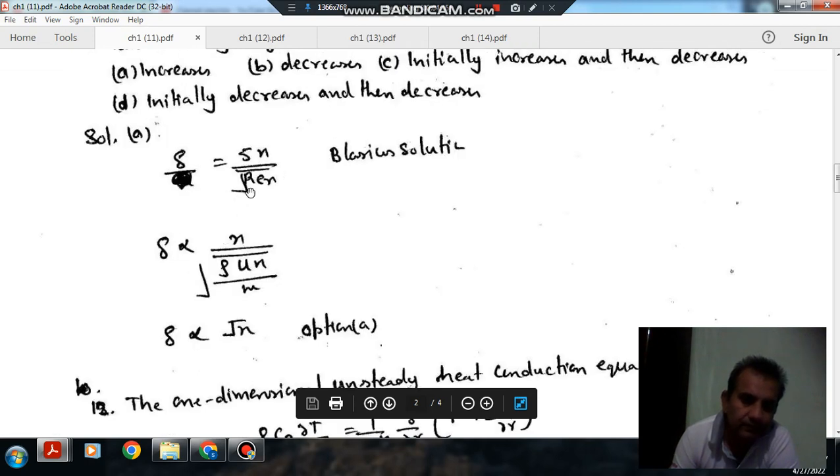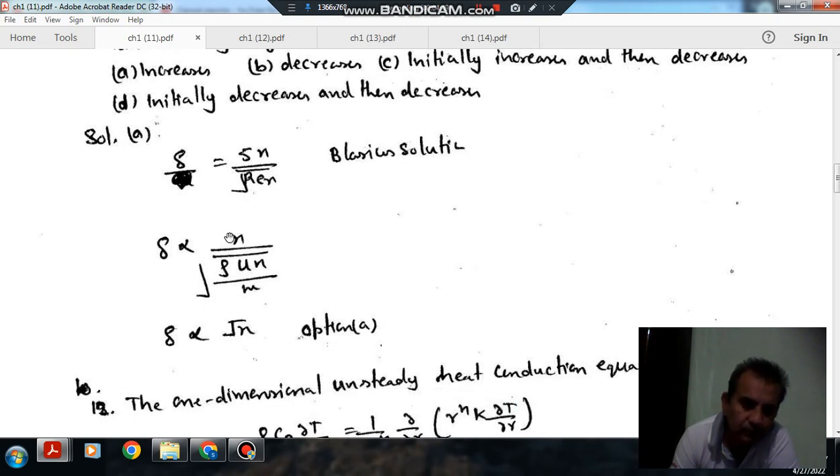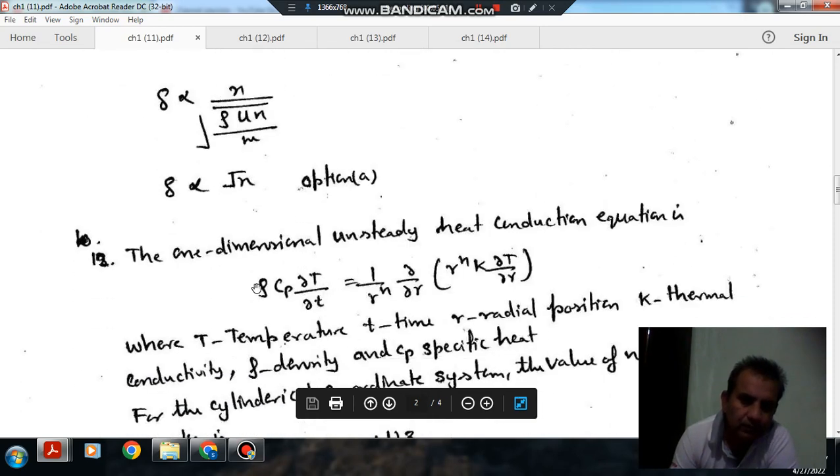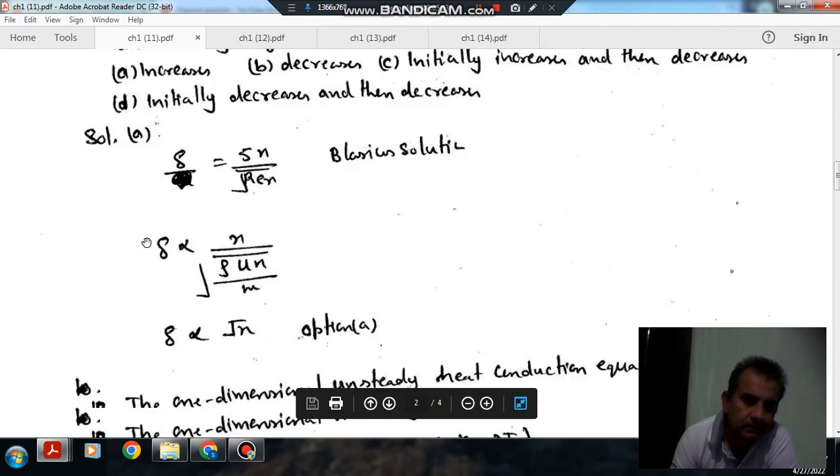Rex is rho u x by mu, and the other quantities are constant. So delta is proportional to root x. So option A is the right answer.